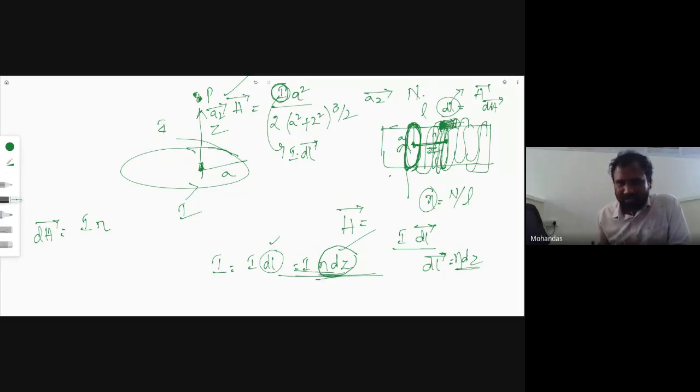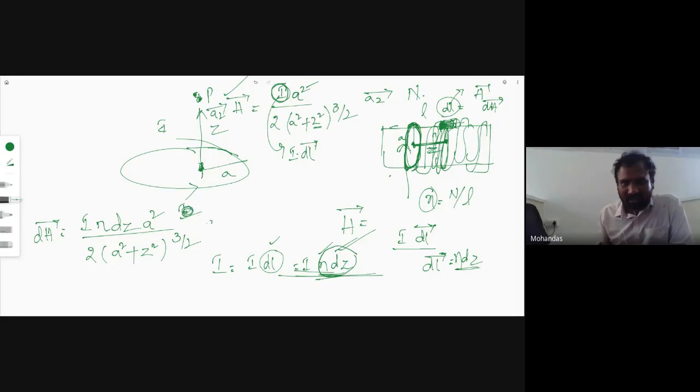If a single loop is there, only dz, but n number of loops are there, n into dz here. Okay, n into dz into what? A square. A square divided by what? 2 into a square plus z square, into z square all to the power of 3 by 2.